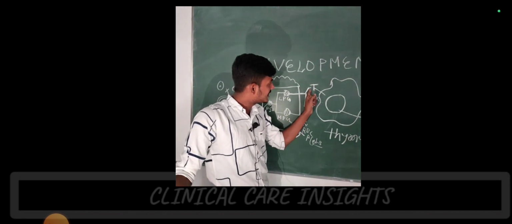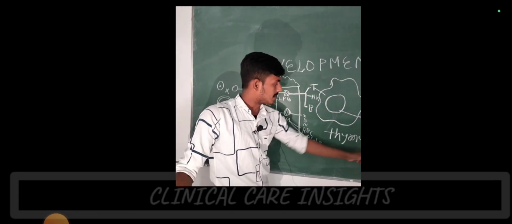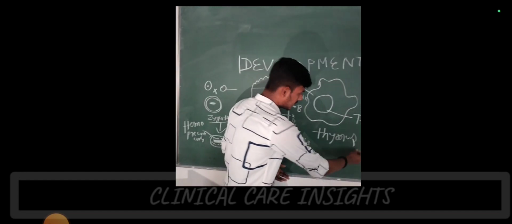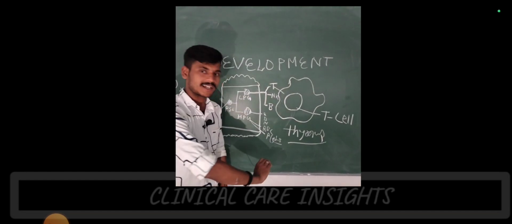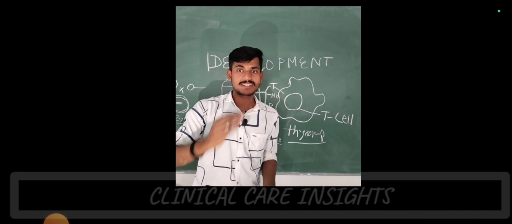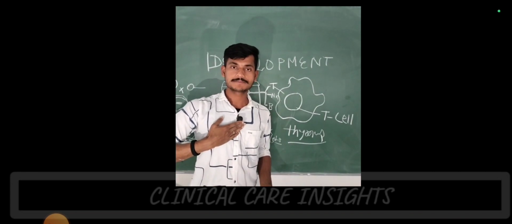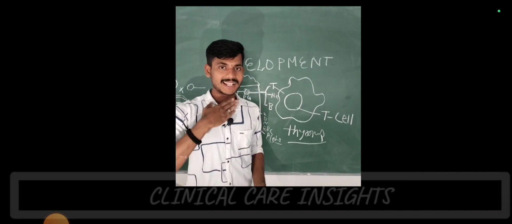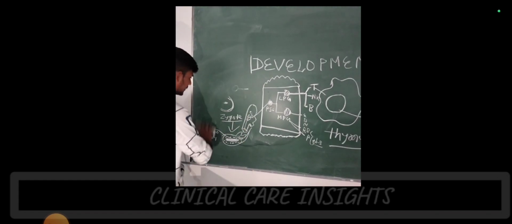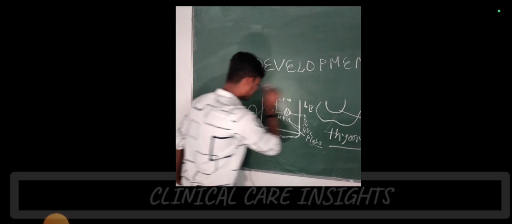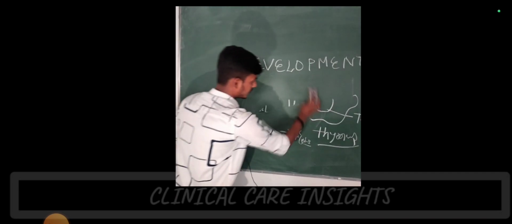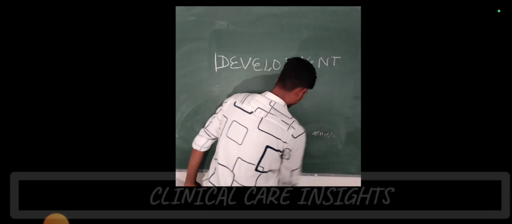For that purpose the T cell migrates into the thymus gland. The thymus gland is a bilobed structure present behind the mediastinum area. Clear? Now, after understanding the basic embryology of these cells, the blood components, we move to study in detail about T lymphocyte maturation and purification.